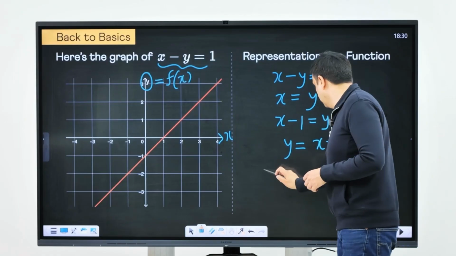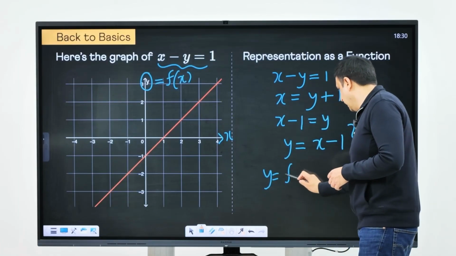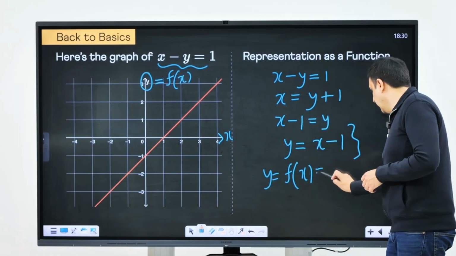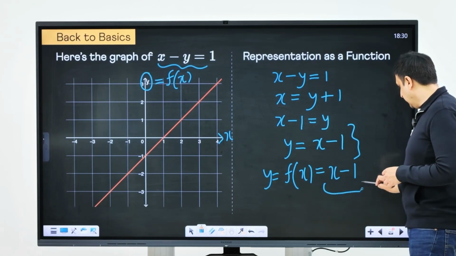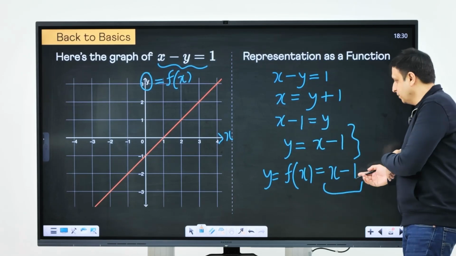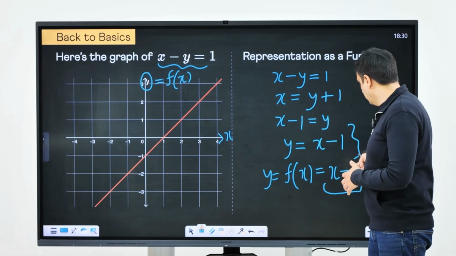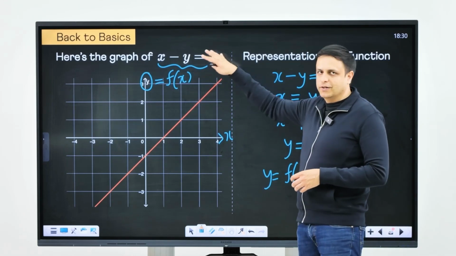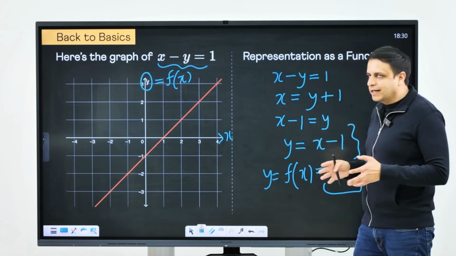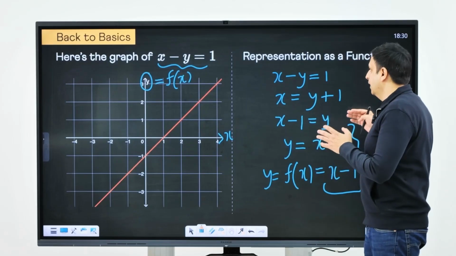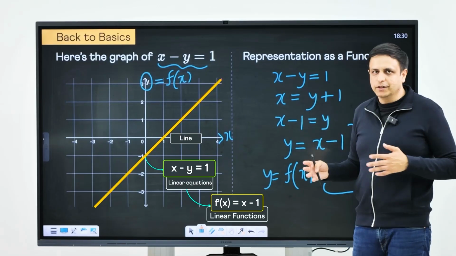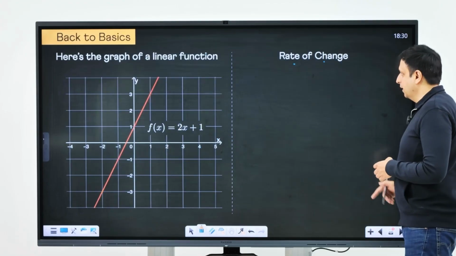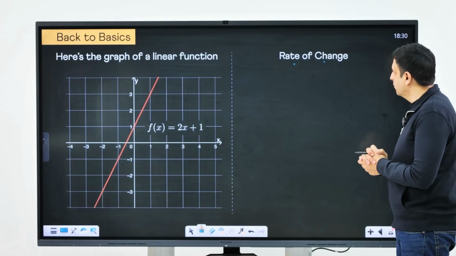And this is a linear function because we got to this from the equation of a line. So that is the connection between lines, linear equations in 2 variables, and linear functions. Very, very straightforward. But now let's get into this a little bit more deeply.